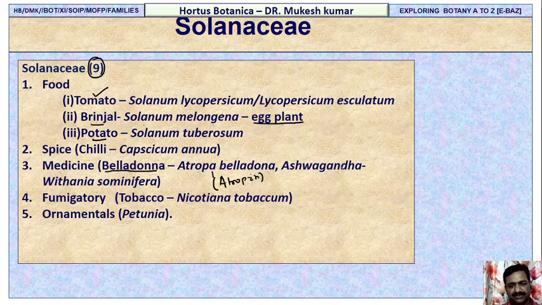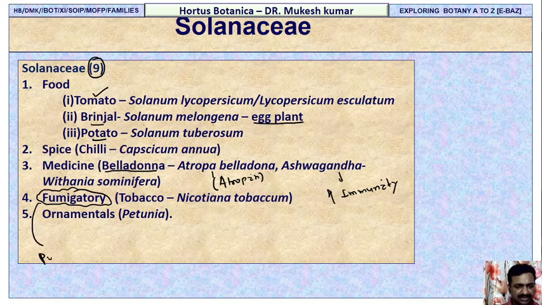Similarly, the next one is ashwagandha. The scientific name is Withania somnifera, and it is given to increase immunity and strength. Got it? Now we have fumigatory. What is the meaning of fumigatory? If we want to purify the environment, it is purification through smoke, not smoking of cigarettes.